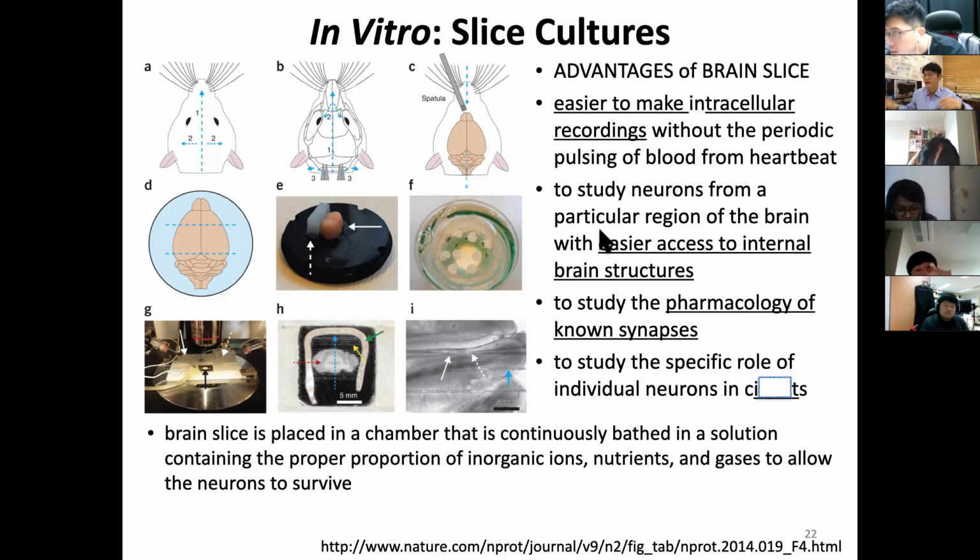So a good way is to cut and expose that region of interest directly so that you can study internal brain structures directly. And because it's exposed, you can pour pharmacology, drugs, directly. So you can study the pharmacology of known synapses.